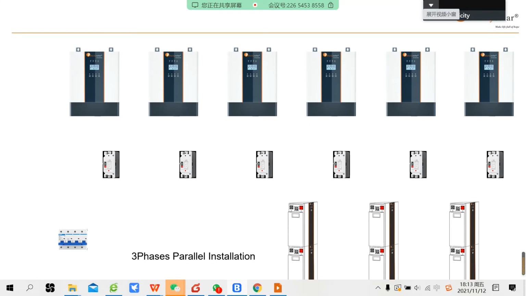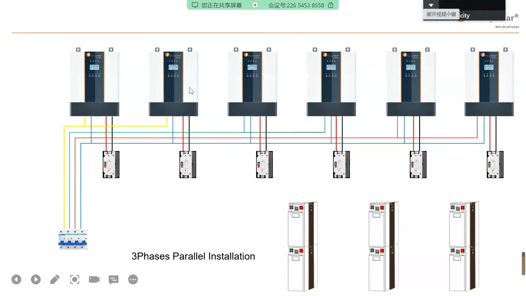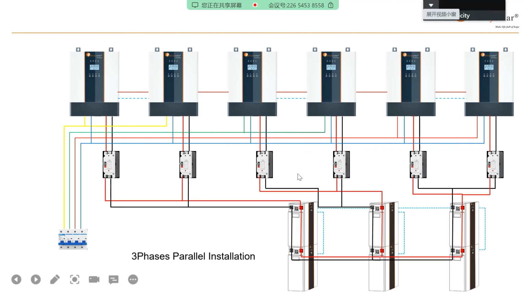Here I just show you six pieces, but it's similar. Three phase: cable connection, AC output, battery, all these. And here is the communication and current sharing cable. Here is the battery connection. Combine all of them.